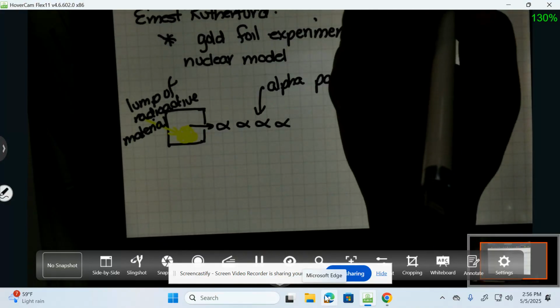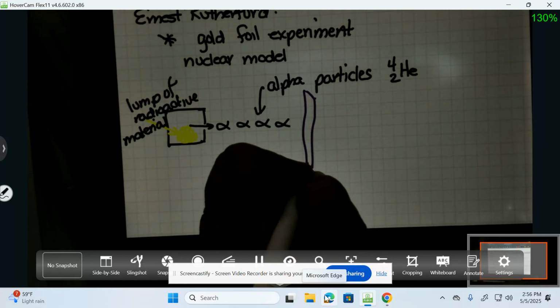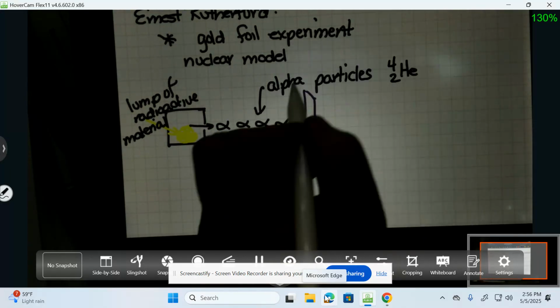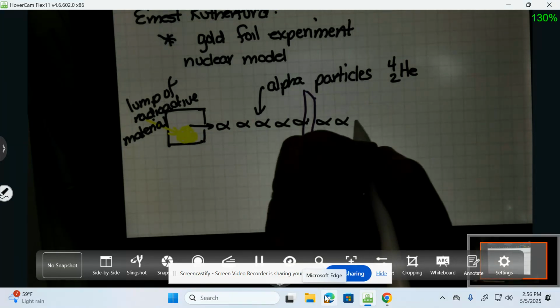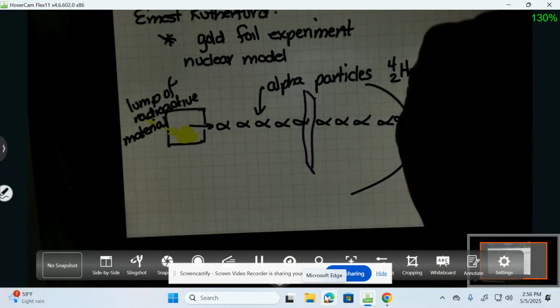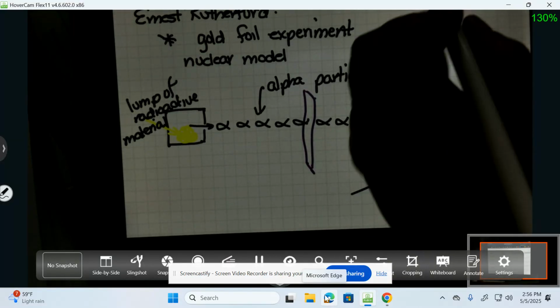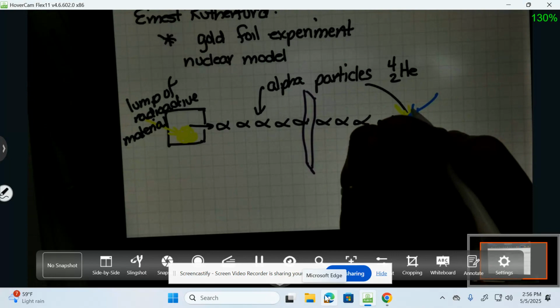And he shot it at a piece of gold foil, which my gold foil is going to be purple. And he noticed that most of the time, there was a shield back here, the alpha particles went straight through and made a spark right here.